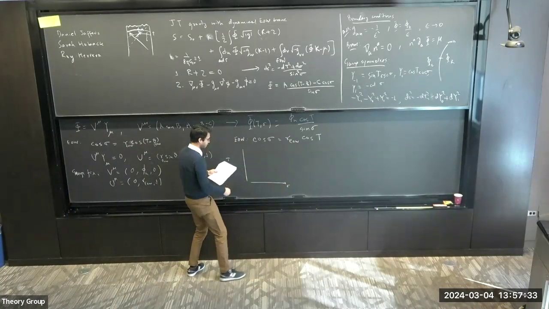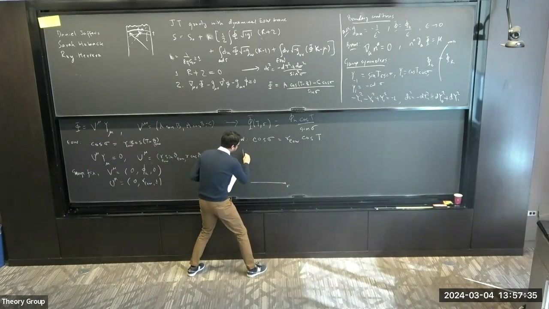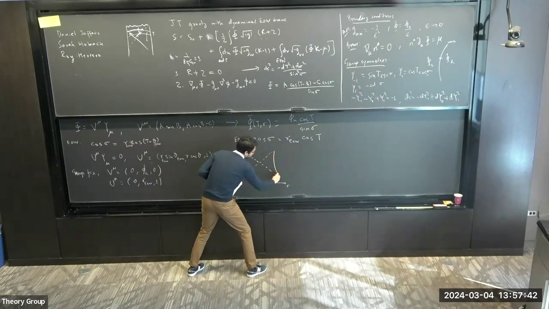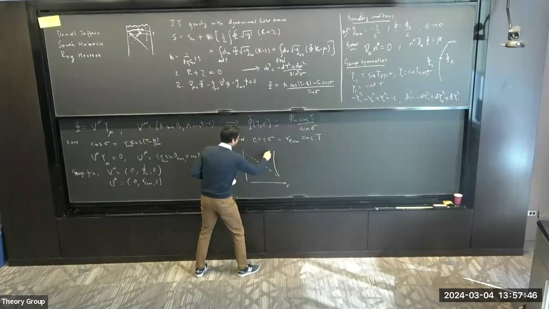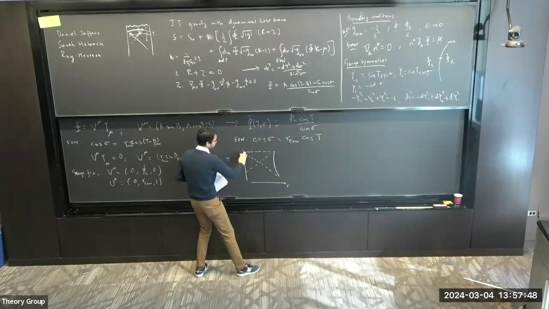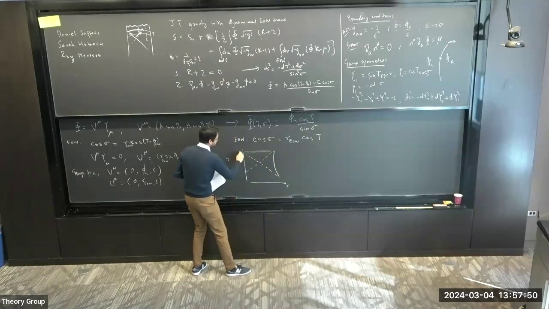So on a Penrose diagram, this is the location of the AdS boundary. In our coordinates, this would be pi over 2, and this would be minus pi over 2.